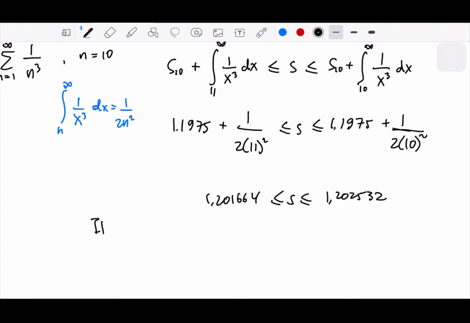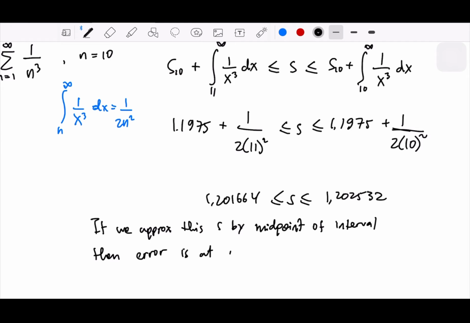If we approximate this S by the midpoint of the interval, then the error is at most half the length of the interval.